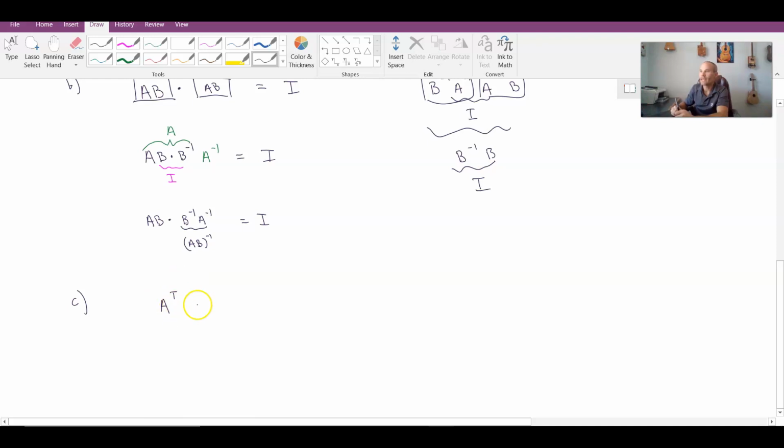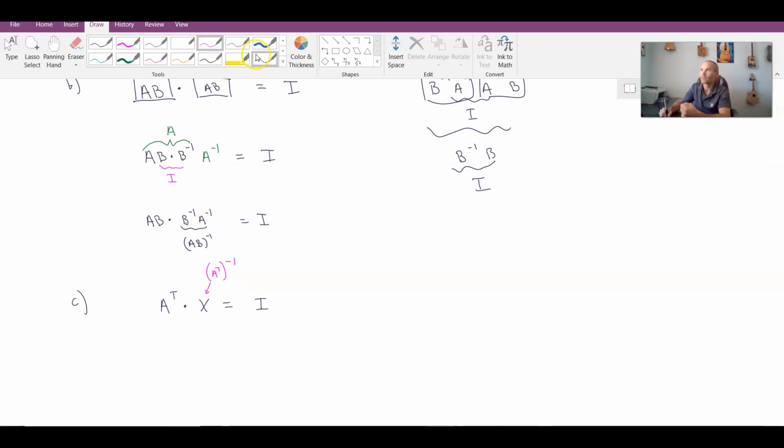Well, once again, if I take A transpose and I multiply it by some matrix, that should give me the identity. We know that what this is going to be right here, that is the inverse of A transpose. So that's how I want you to think about that. X is the inverse of A transpose. And I'm wondering, is there any other way to write it other than the inverse of A transpose?